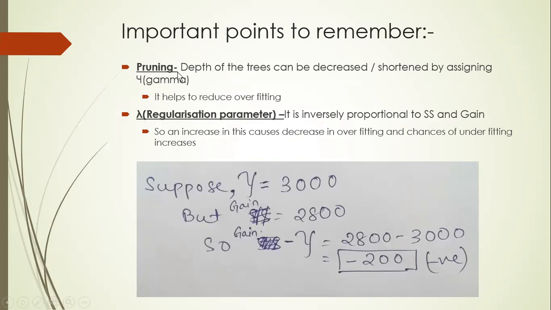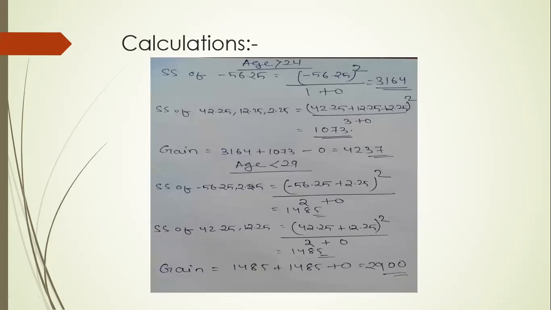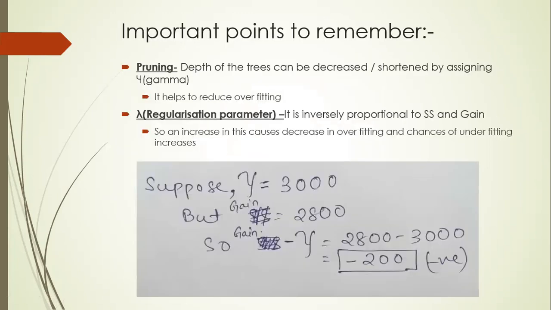Pruning. What is pruning? Pruning means that we can decrease the depth of the trees, or I can say that we can shorten the depth of the trees by assigning a gamma value. Suppose I am assigning a gamma value during hyperparameter tuning.